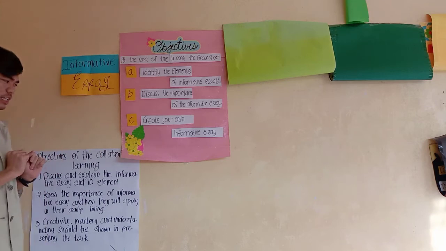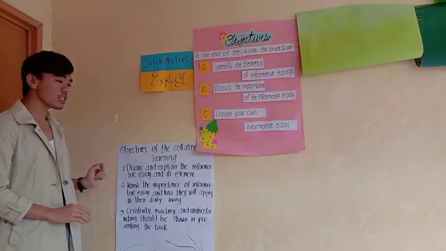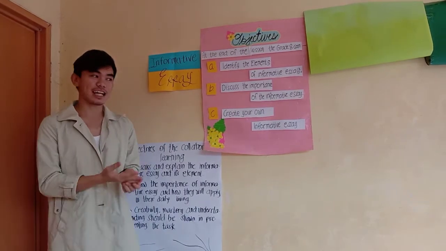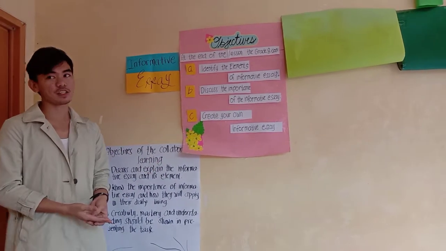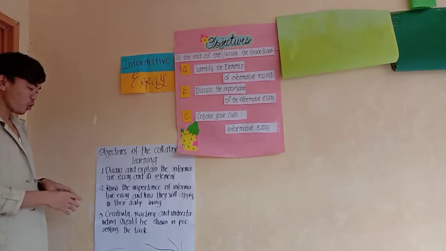So let's go back to our objectives. First, discuss and explain the informative essay and its elements. You already explained it, and you showed creativity, mastery, and understanding in presenting your task.